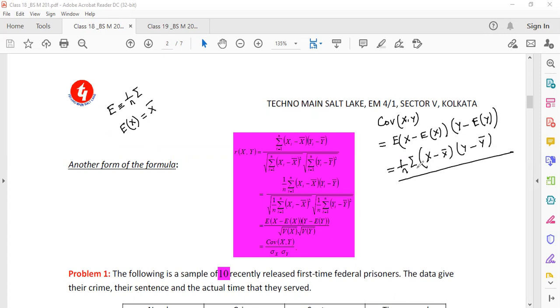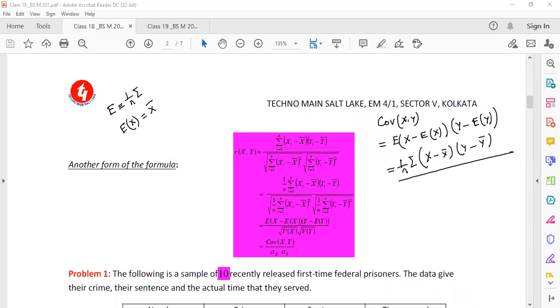Now you see, it is our familiar expression which I wrote over here. And similar is the case for the expression under the square root, which you know very well is called the Vx. We have discussed it several times. So in terms of expectation and variance also, you can represent the correlation.